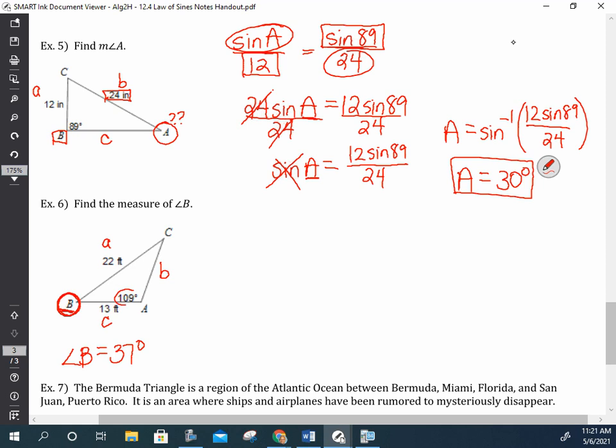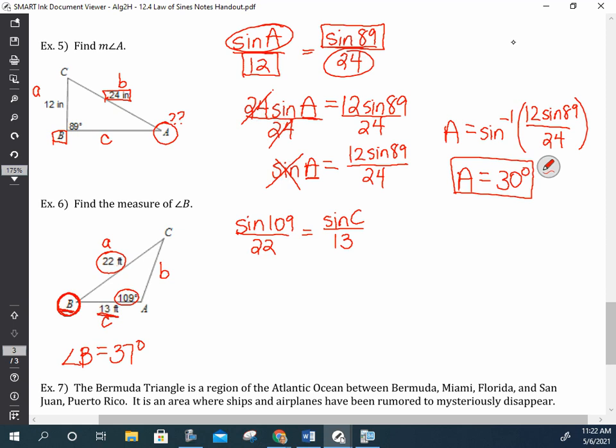Angle A and side a, you already know, so you can set up that fraction. You know side c, so you're going to have to find angle C first. So you're going to solve the problem indirectly.